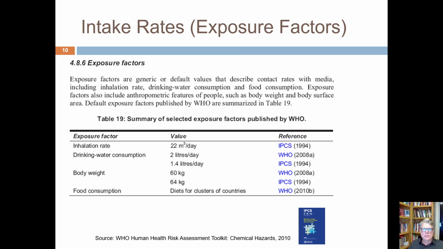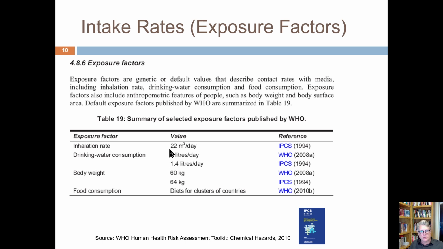So some of the key and core exposure factors are shown on this slide, like inhalation rates for people, drinking water consumption rates, body weights, food consumption, types and amounts. So here are some values for these exposure factors that are recommended by international organizations like the World Health Organization and the International Program on Chemical Safety, which resides within WHO.